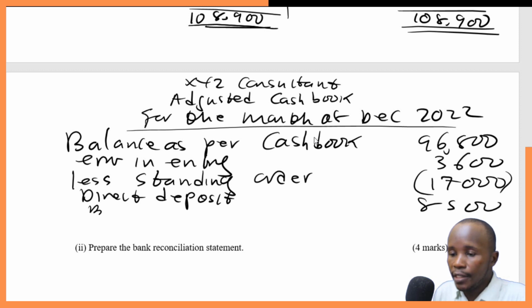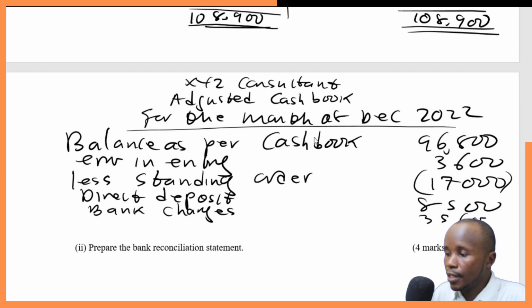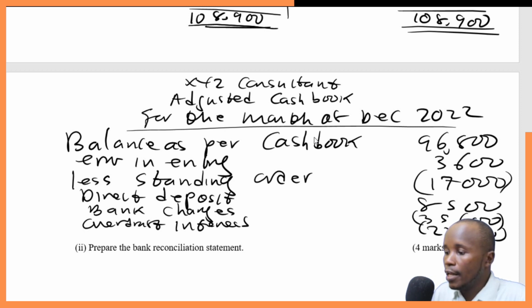There is bank charges, that is 5,600. And then we have overdraft interest, or interest on overdraft. That is 22,300. So this will give you a balance as per bank statement, that is 34,000.